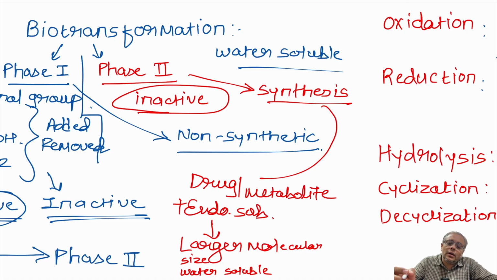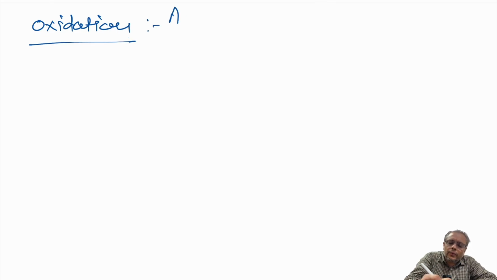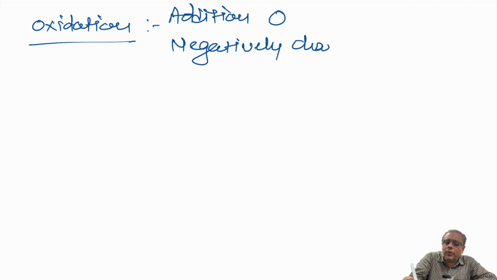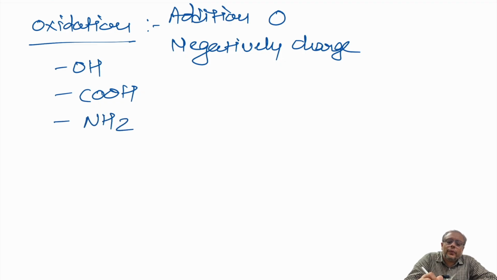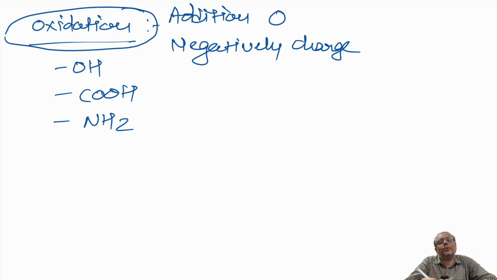So now, as the name suggests, in oxidation there is addition of oxygen, or any other negatively charged compound, say for example, in the form of hydroxyl or in the form of carboxylic acid or amide. And you should remember that this is the most common phase 1 biotransformation reaction.